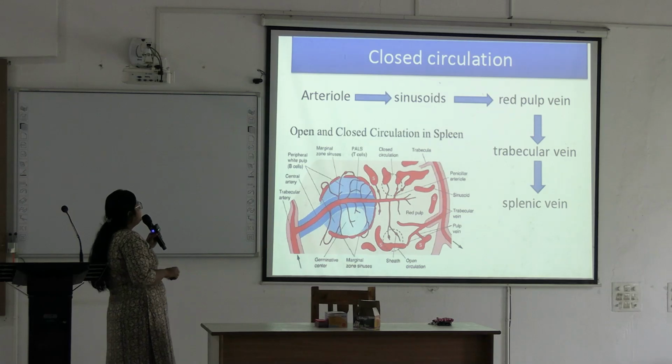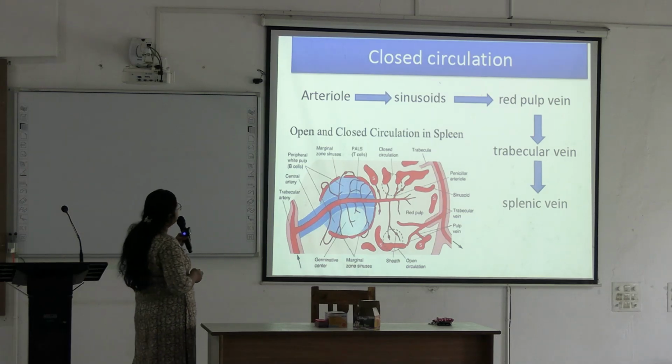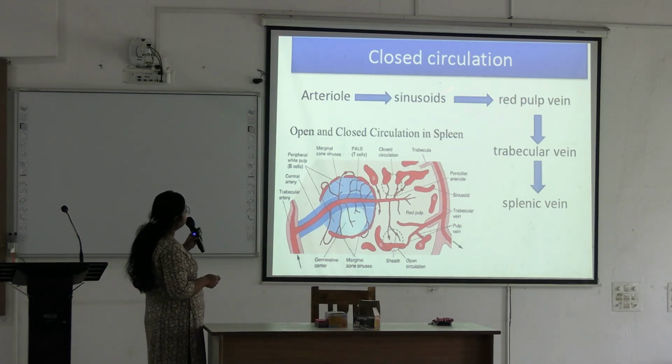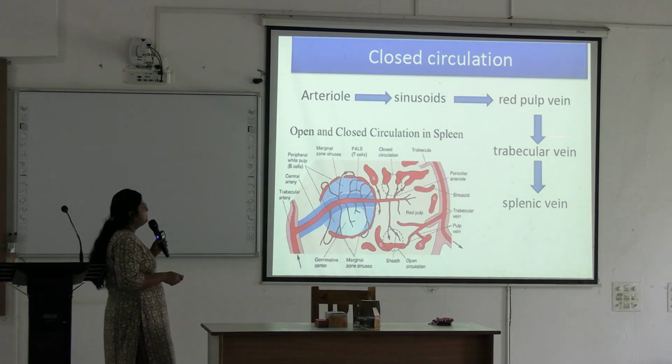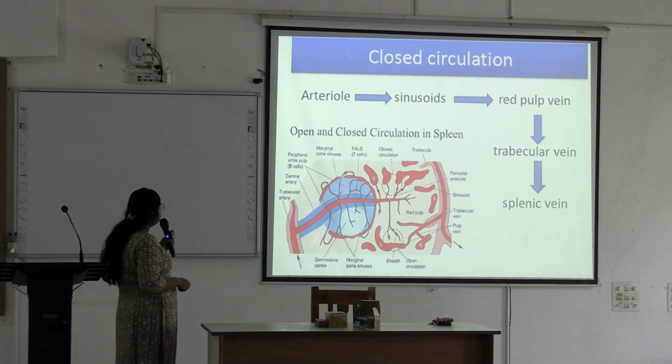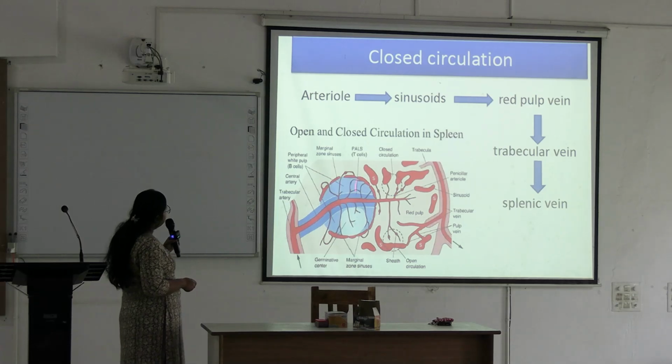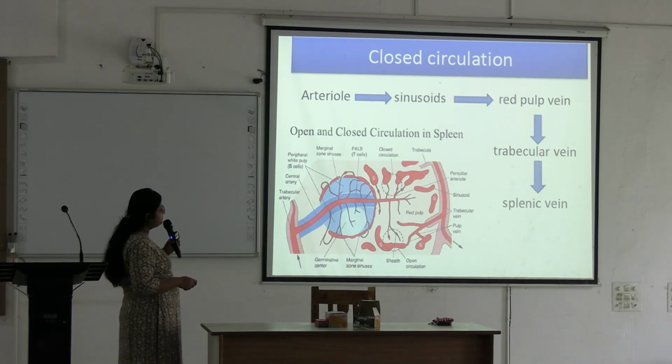You remember, for closed circulation, blood is going from arteriole to sinusoids, then into the red pulp vein, then trabecular vein, into the splenic vein. Okay. Here is the arteriole, sinusoids, then they are joined to form the red pulp vein, then joined to form the trabecular vein.